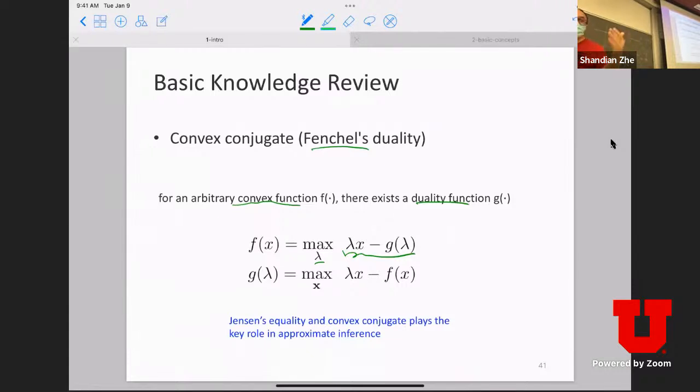And g, as we just mentioned, is the duality. Alternatively, g of lambda is the maximum of lambda x, the same linear term, subtracted by f of x, but now you're maximizing over x.